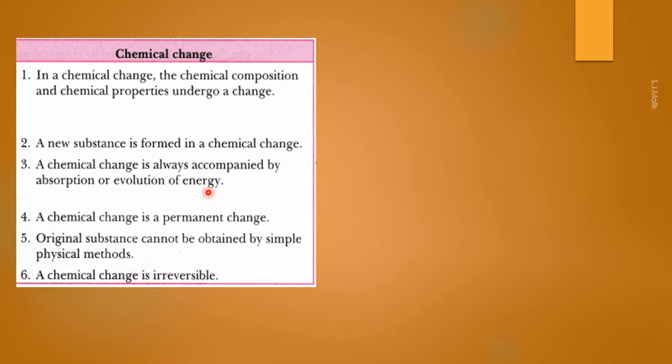Physical change में ऐसा नहीं था. And chemical change is a permanent change. It cannot be reversible. Original substance cannot be obtained by simple physical method if chemical change occurred.